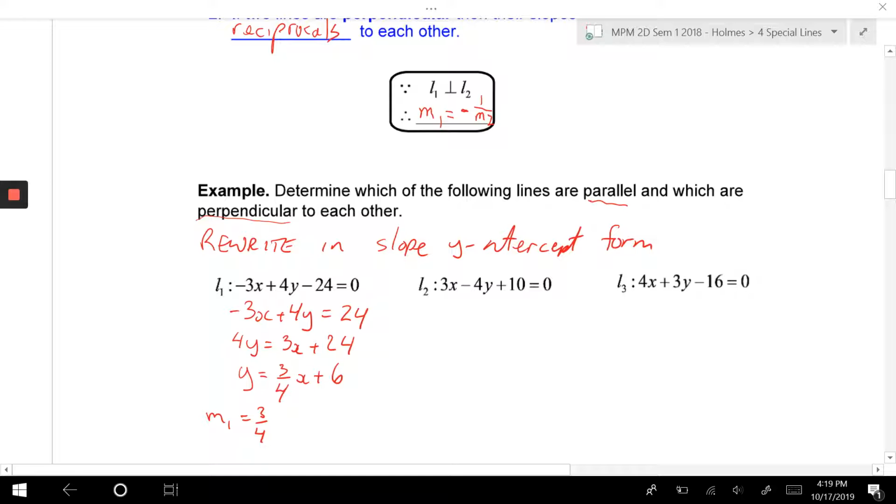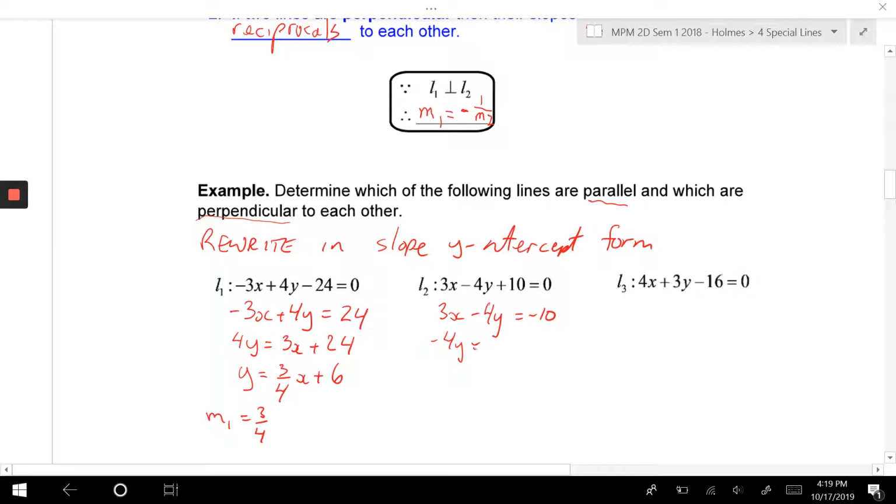I'll do the same thing with the second equation. 3x minus 4y. I'll subtract 10 from both sides. And now I want to subtract 3x, whoops, that's minus 4y. So I'll subtract 3x from both sides.